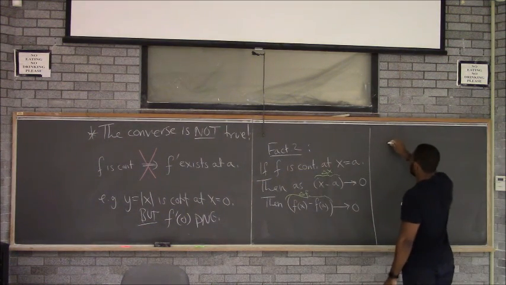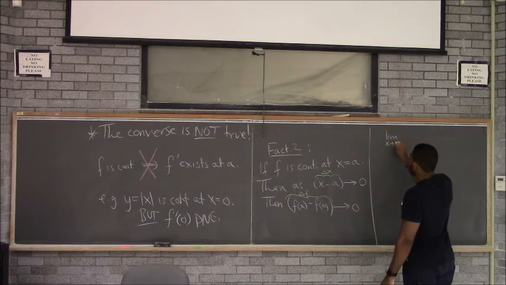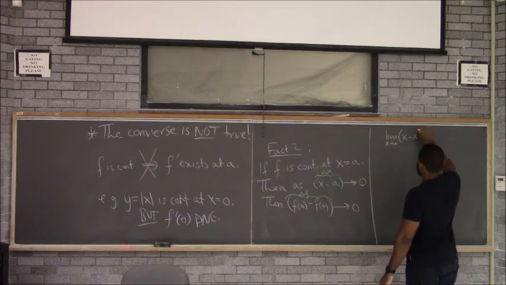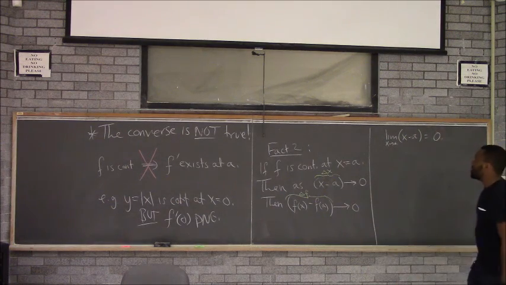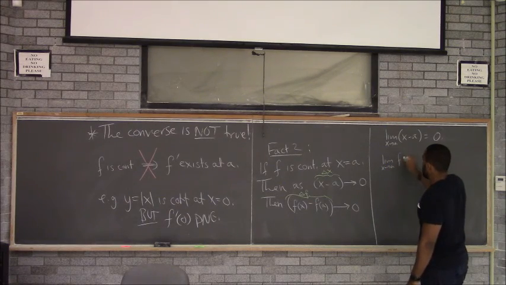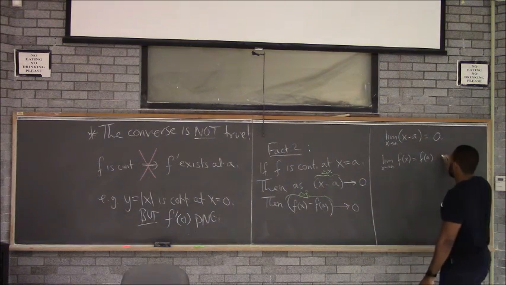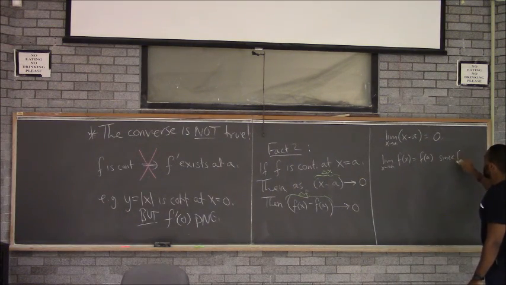So this basically says we know that the limit as x approaches a of x minus a is going to be 0. So as x is approaching a, the distance between x and a will be 0. And we know that the limit as x approaches a of f of x equals f of a, since f is continuous.